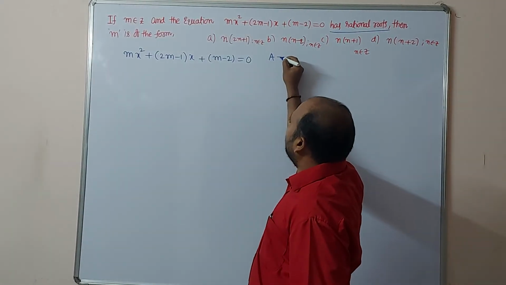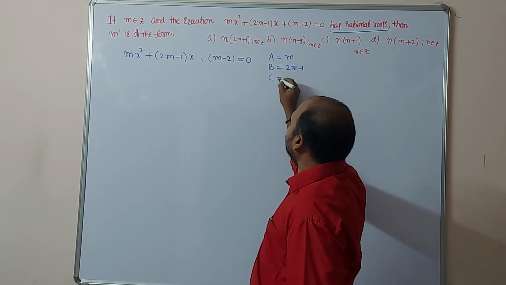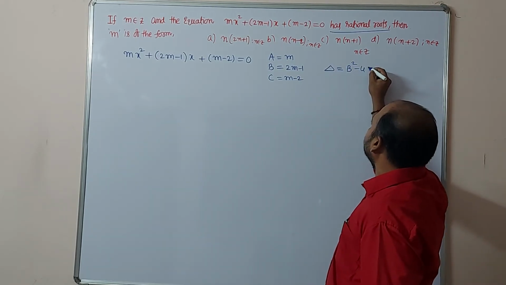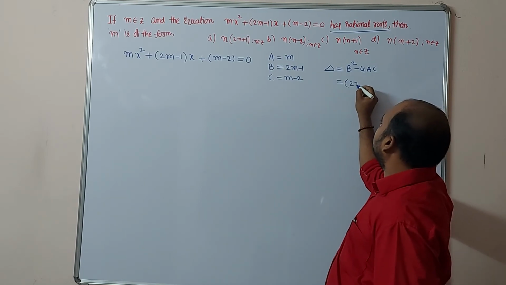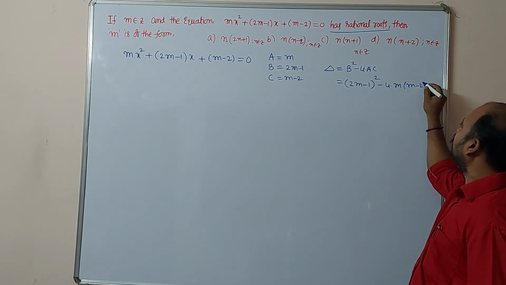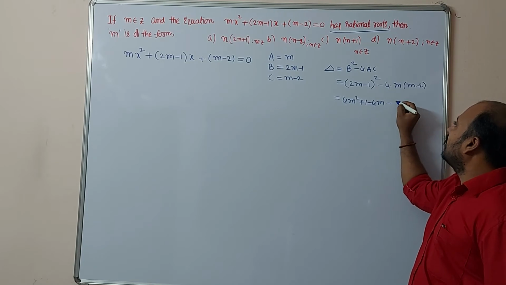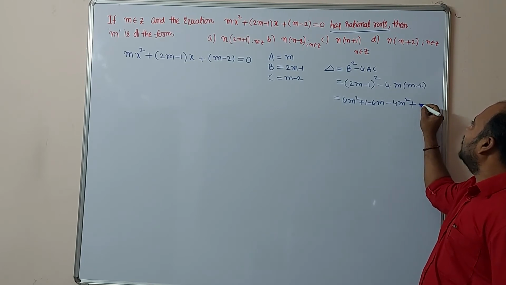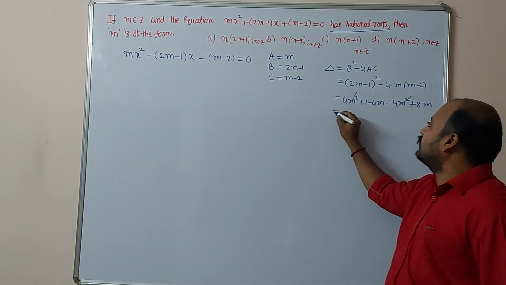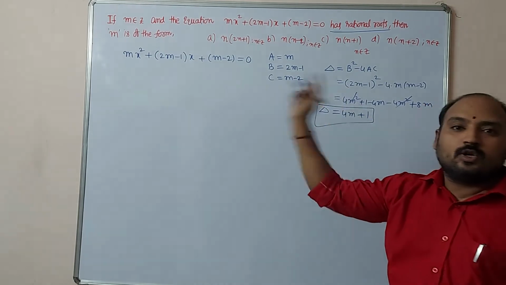So discriminant, if you calculate a equal to m, b equal to 2m minus 1 and c is equal to m minus 2, calculate the discriminant b square minus 4ac, that is equal to 2m minus 1 whole square minus 4 into m minus 2. So 4m square plus 1 minus 4m minus 4m square plus 8m. Minus 4m square plus 4m square get cancelled. 8m minus 4m is 4m plus 1. This is about the discriminant of the quadratic equation.